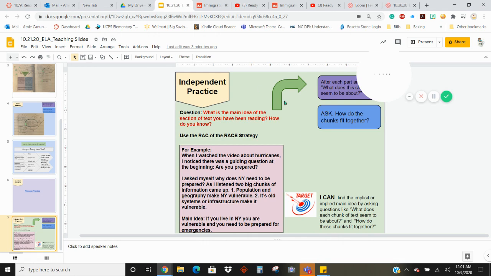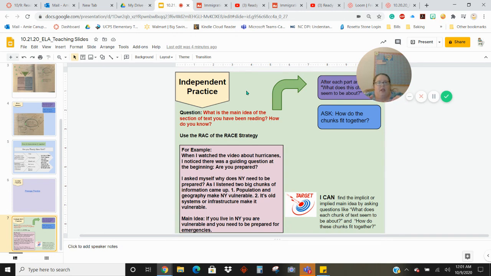Then you also have a brief Google assignment where you have to read a small main idea passage. Then you have to write what the passage seems to be mostly about. And then you write how the supporting details fit together to support that implied main idea.